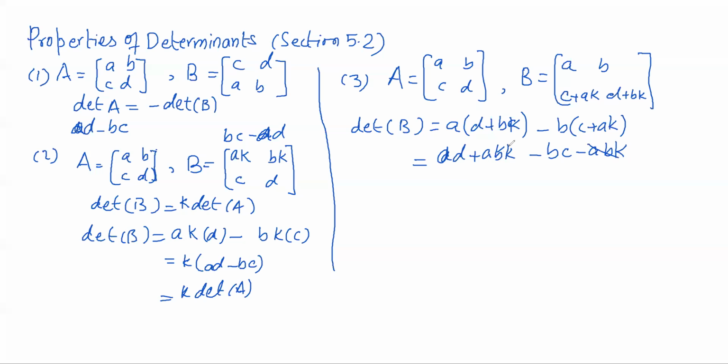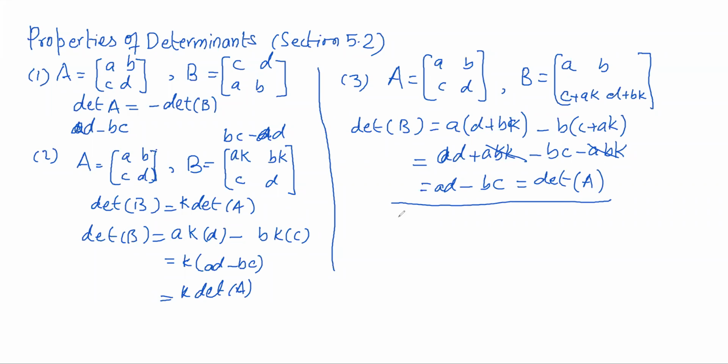So ABK cancels with ABK. What we are left with is AD minus BC, which is the same as the determinant of A. So it means that by the elementary row operations, the determinant does not change.